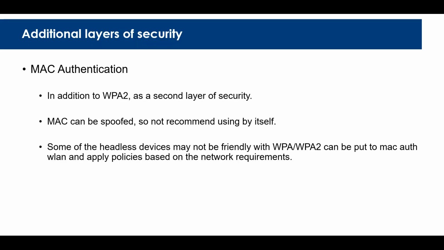But in some deployments, headless devices need to be authenticated using MAC authentication. The reason is that some headless devices may not have a way to configure WPA or WPA2 PSK. In such cases, make sure your devices are put into a DMZ VLAN and police that VLAN as per your network requirements.